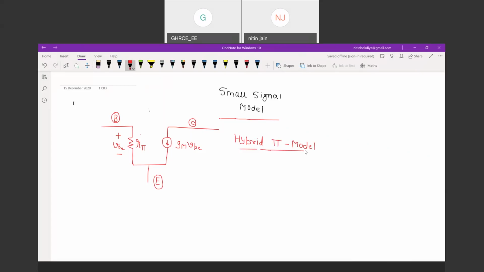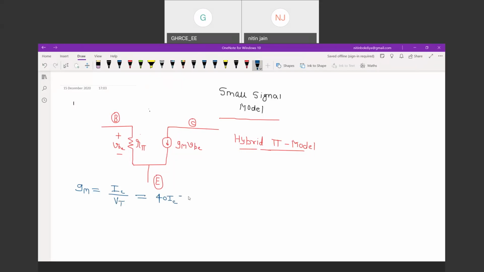Hybrid pi model. And what we know is that GM is known as transconductance. This is the ratio of IC by VT, approximately equal to 40 times the DC current. Keep this in mind.